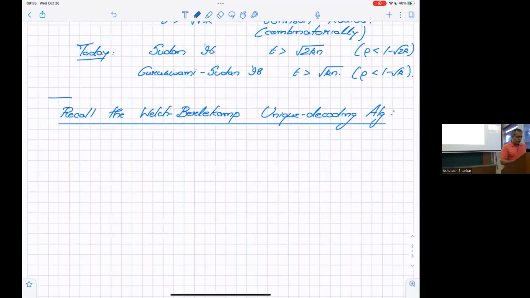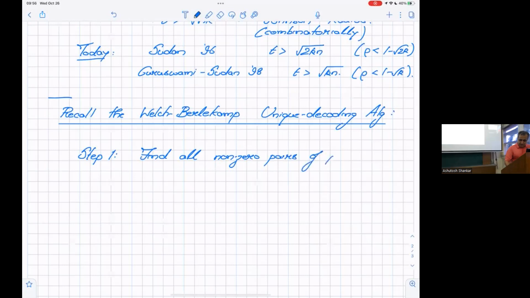So how did that algorithm go? It had two significant steps. Step 1 is to find all non-zero pairs of polynomials N, E such that the following happens.